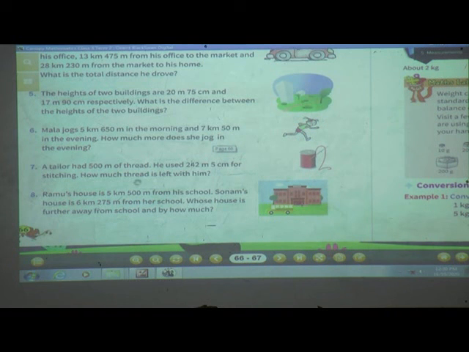And the question is, how much thread is left with him? Now see here, the word left means here we have to do the subtraction. From 500 meter, if we subtract this 242 meter 5 centimeter, then we will get the thread which is left with the tailor. Now let us solve this example.